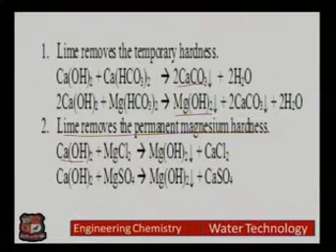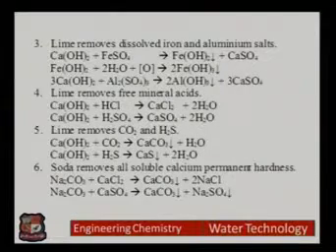Ca(OH)2, that is lime, reacts with magnesium chloride and magnesium sulfate, which are permanent hardness causing salts, converting them into magnesium hydroxide, and this is a precipitate. In this manner, these hardness causing salts are converted into insoluble salts and can be removed.